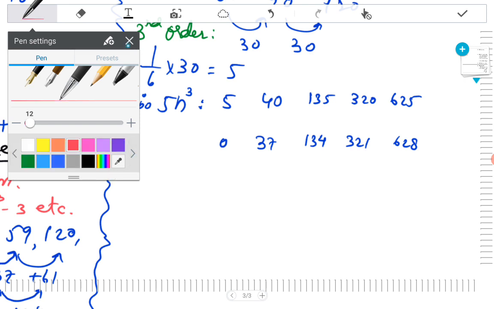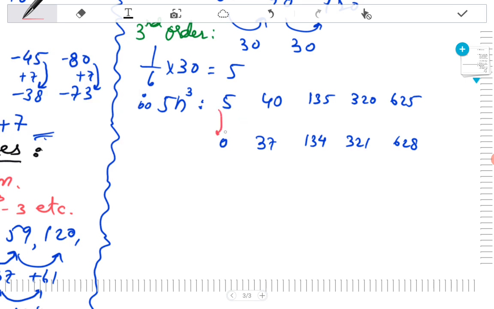Now you can check what I am supposed to do with my numbers in order to make them equal to the above numbers. What am I supposed to do with this 5? Subtract 5. With this 40? Subtract 3. With this 135?